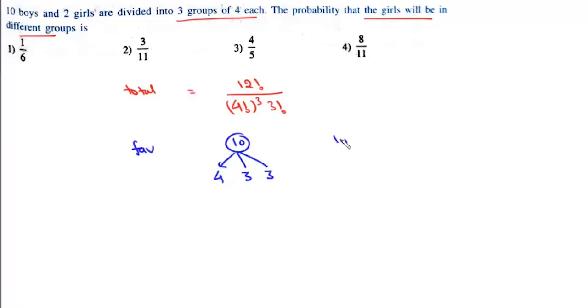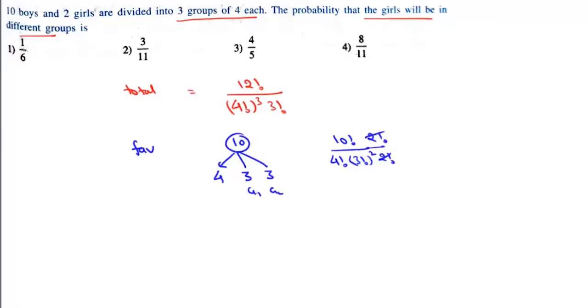and it can be done in factorial 10 by factorial 4, factorial 3 square into factorial 2, and now we can distribute 2 girls in these 2 groups in factorial 2 ways. So now these 2 girls will be in separate groups.